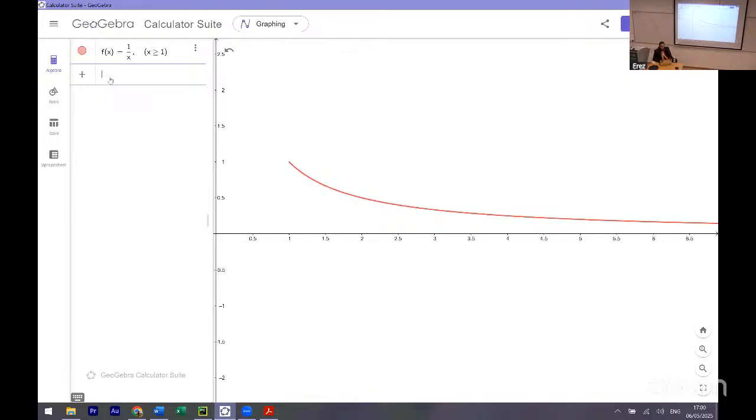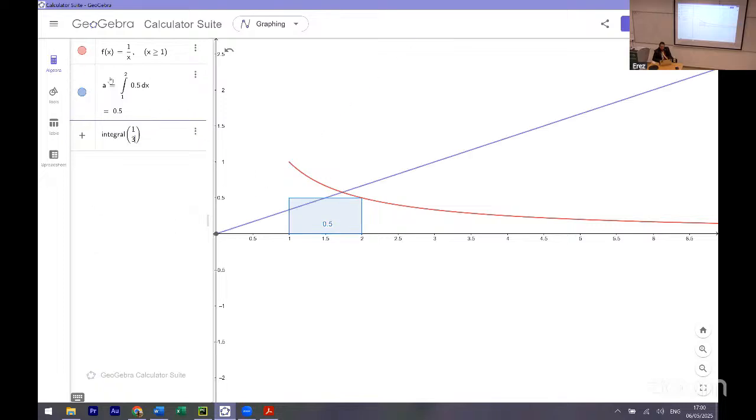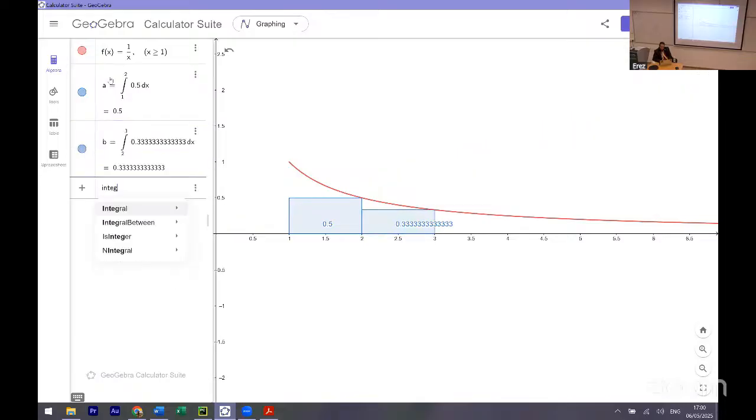So from half in 1 to 2, then a third between 2 and 3, then a quarter between 3 and 4.